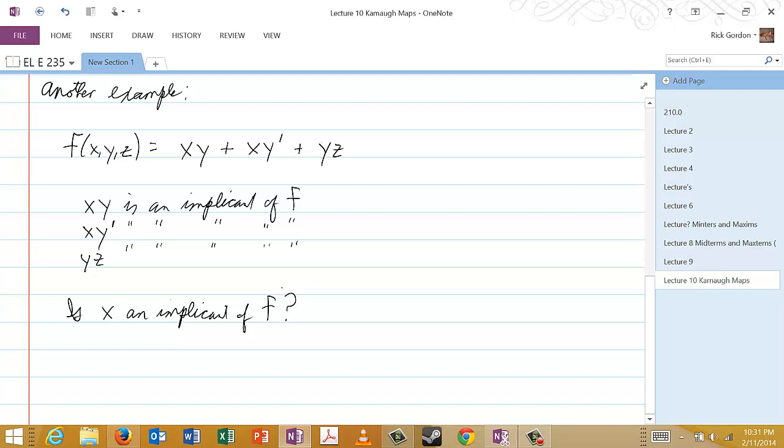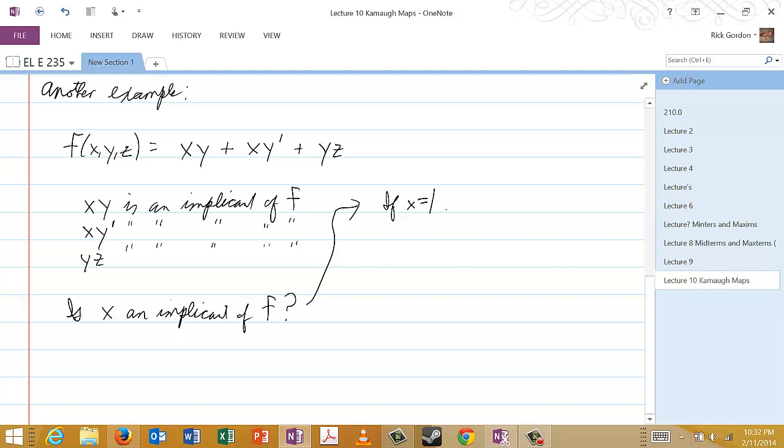You could reason as follows. For x to be an implicant of f, the proposition x equal 1 must lead to the conclusion that f is equal to 1. So let's see if that's the case.